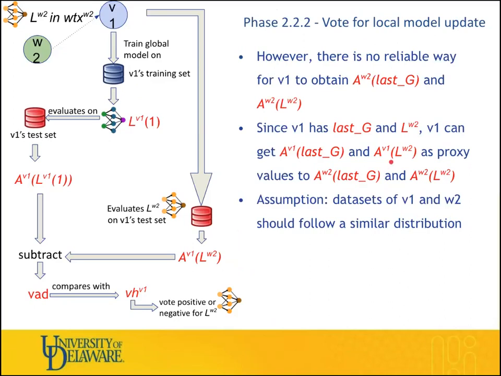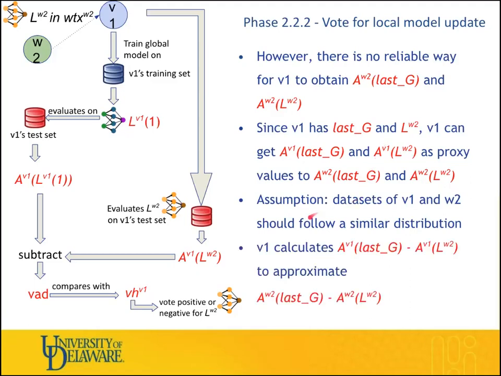Likewise, AV1 LW2 and AW2 LW2 should have a little difference in their values as well, right? Because you are training a neural network model on a similar distribution. Like you and me now are training to predict Alzheimer's disease, so we have to train on brain images. But if you bring heart images, you bring lung images, the model will never converge. That's the assumption.